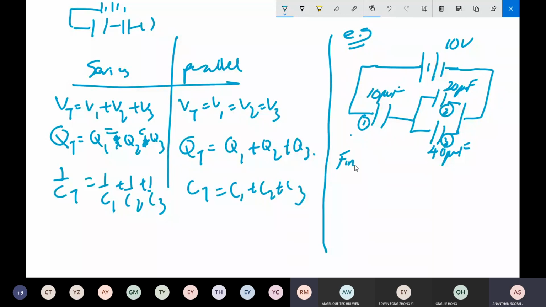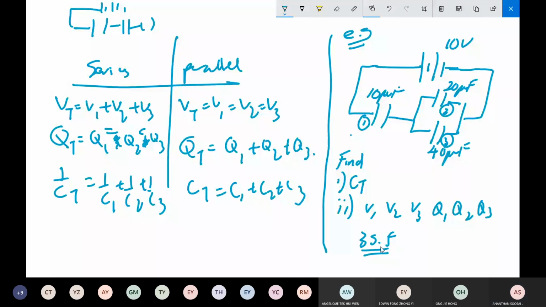So find for me, as usual, C total, V1, V2, V3, Q1, Q2, Q3, in any sequence you feel correct. Give all the answers in 3 significant figures. One minute for you.